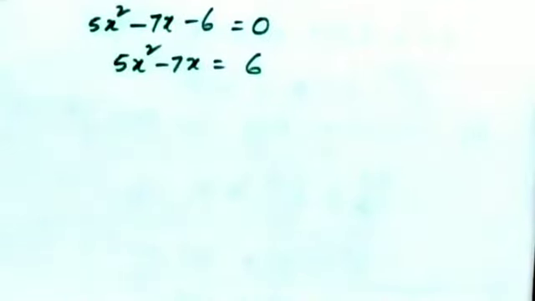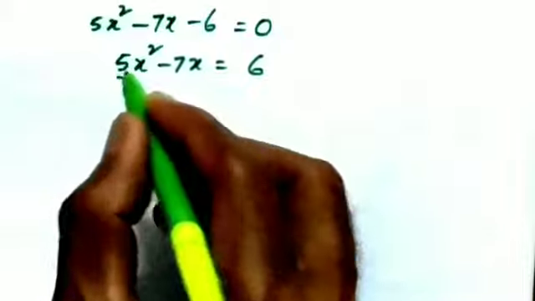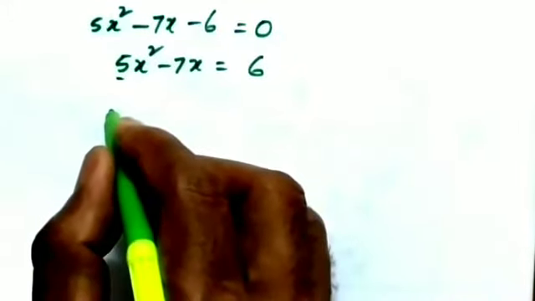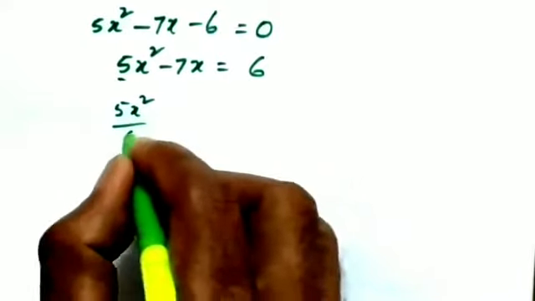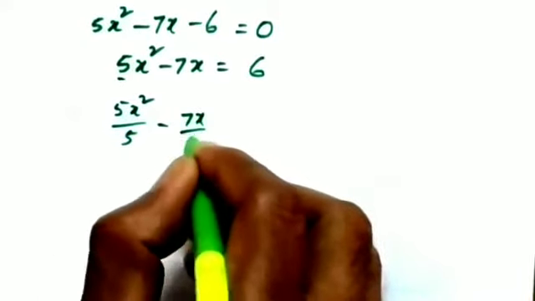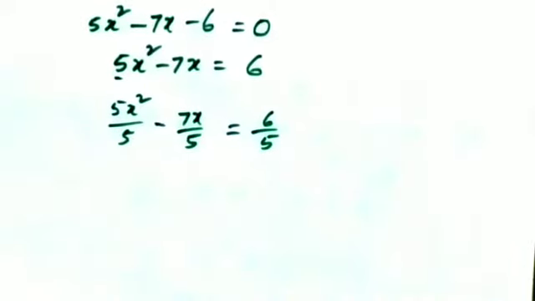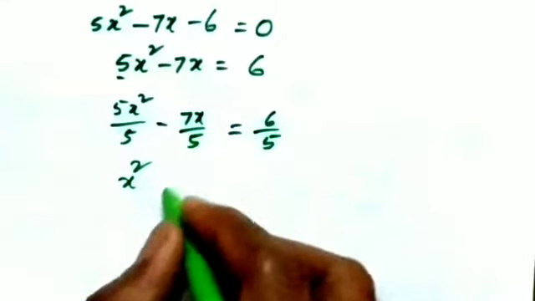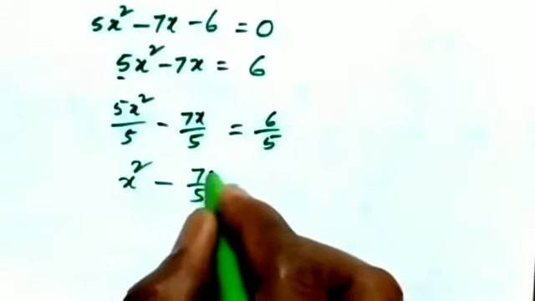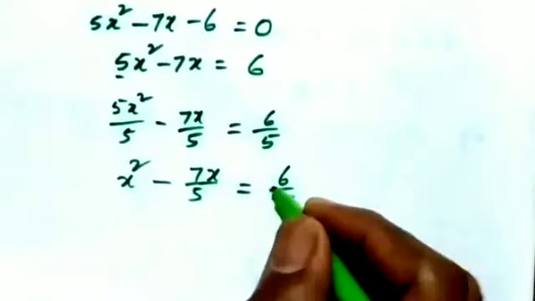Now divide each term by 5. That is the second step, a very important step. So 5x square by 5 minus 7x by 5 equals 6 by 5. Now the 5 cancels. Now x square minus 7x by 5 equals 6 by 5.